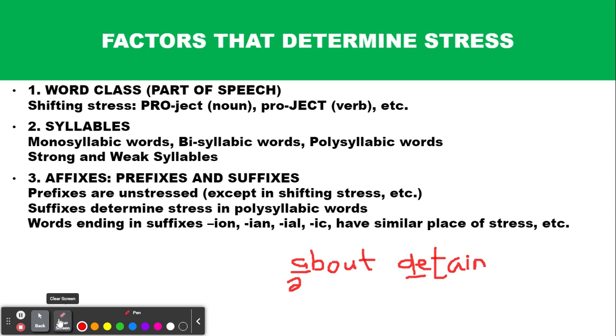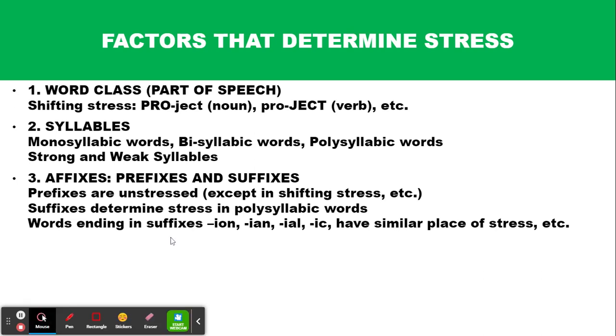So prefixes are almost always unstressed, and in some cases too, we find that prefixes determine stress in polysyllabic words, but we shall come to that. Now, suffixes determine stress in polysyllabic words.